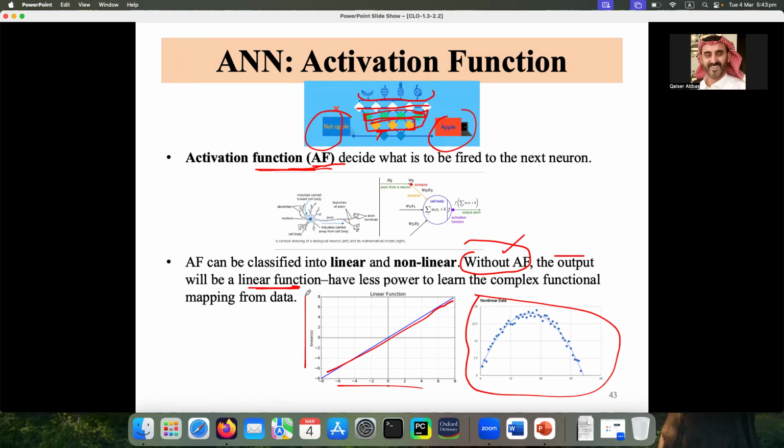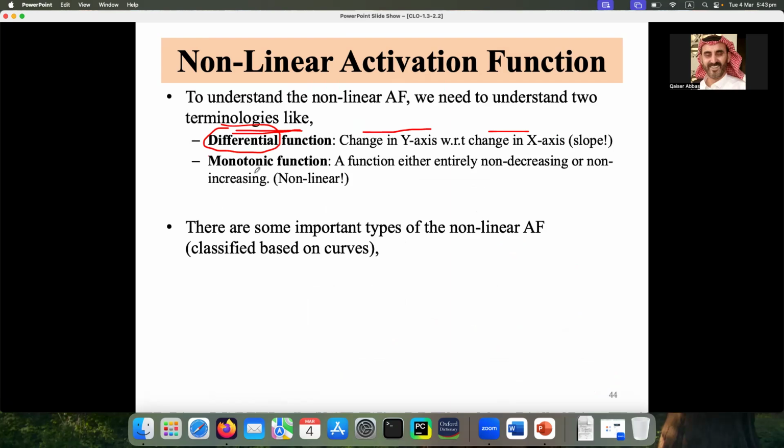When you plot the graph of some model, if you see a change in y and also a change in x happening in the data, then you can say that this is a differential function, and it is like a slope, or like a derivative.